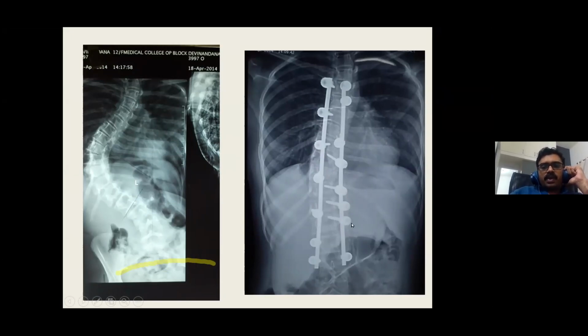We don't have screws on every level. In our rigid segments, we have more screws definitely, but the other levels are more scattered. We are able to get a very good correction because the Ponte osteotomies are performed well in these 3 or 4 levels. In this case, 4 levels were performed. And you can see that there is a very good balance of the spine of the child.